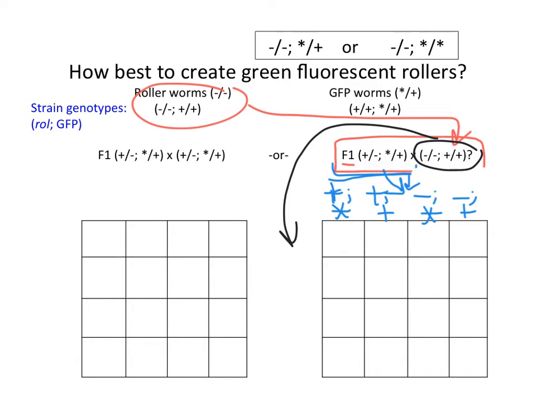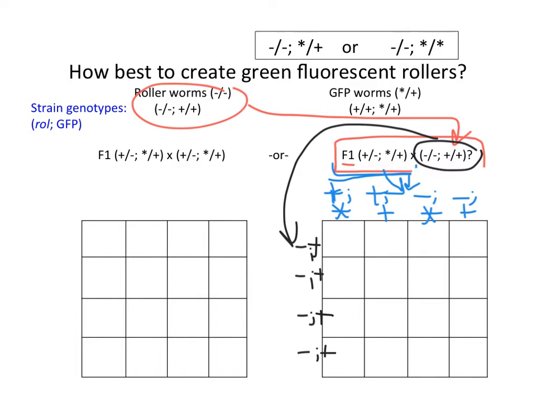A minus. Okay. What about the next gene that we need to talk about, the GFP gene? It's homozygous. It's got two copies of the wild type or plus allele, so we fill in pluses. So it's minus plus, minus plus, minus plus, minus plus.